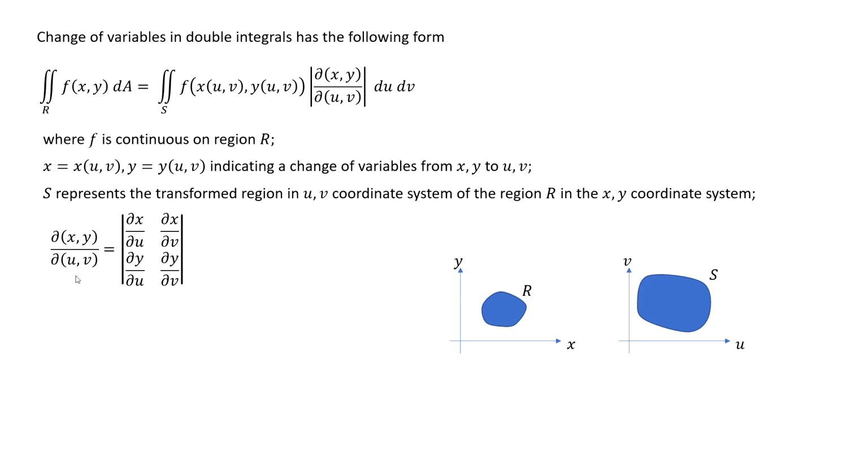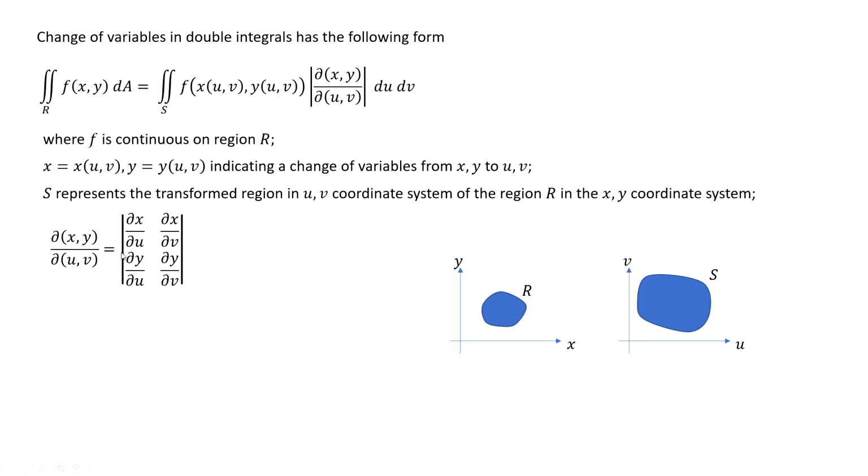Jacobian is nothing but a determinant of a 2 by 2 matrix, and the entries of the matrix are partial x with respect to u in the first row and partial x with respect to v, those are the first row elements, and partial y with respect to u, partial y with respect to v are the second row elements.